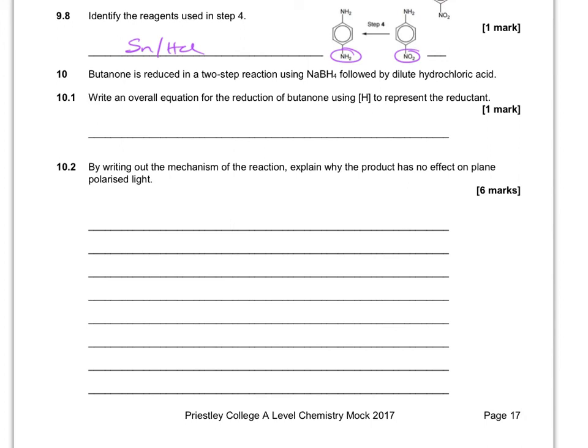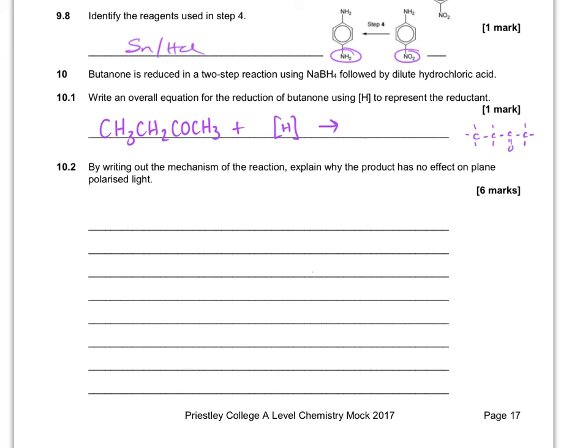Butanone is reduced in a two-step reaction using sodium borohydride followed by dilute hydrochloric acid. Write an overall equation for the reduction of butanone using an H in square brackets to represent the reductant. Okay, with these, it's sometimes easier to sketch it out at the side so you can see what's happening.